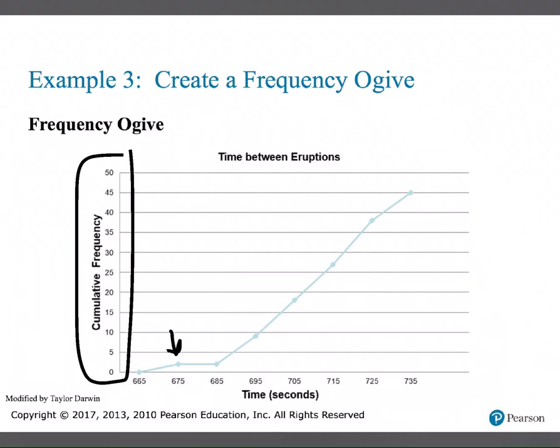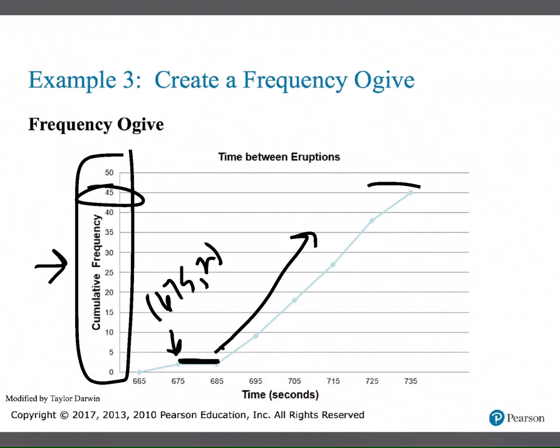For example, we got 675, 2. And then from 675 to 685 had 0. So remember, it didn't go up any. So with cumulative frequency, it's either going to stay the same if there were 0 observations, or it's going to go up. It's never going to go down, because you're accumulating every time. And you should end, right?